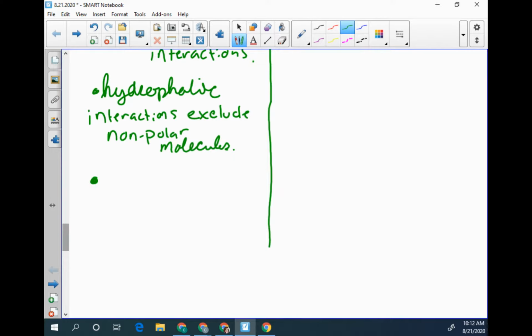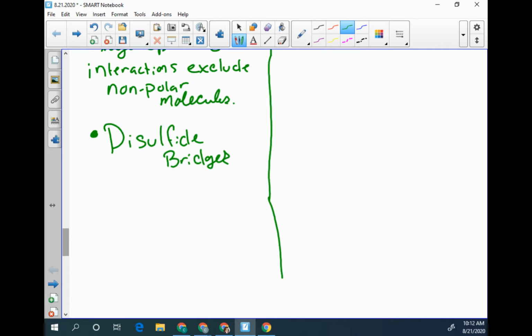The next one is actually really cool. They are disulfide bridges. So essentially in a disulfide bridge, covalent bonds form between sulfhydryl groups.